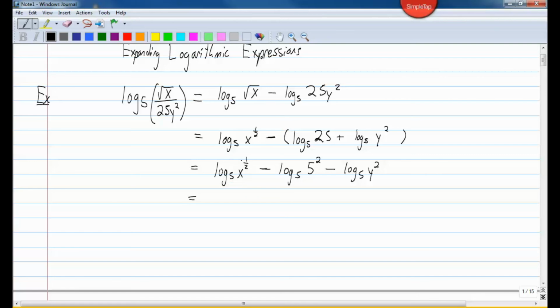So if I take this 1/2 and move it to the front, that'll be 1/2 log base 5 of x. And then log base 5 of 5 squared is what? 2. So say minus 2. And then I can take this 2 and move it to the front. So that's minus 2 log base 5 of y. So that logarithm is completely expanded.